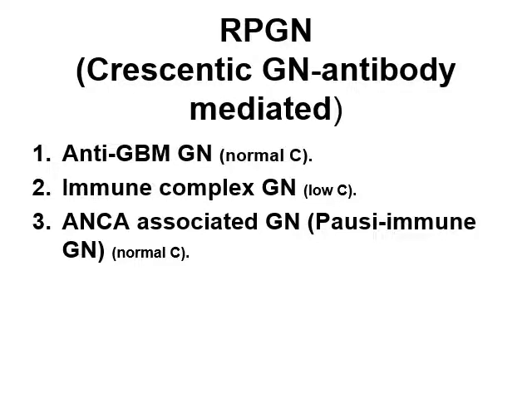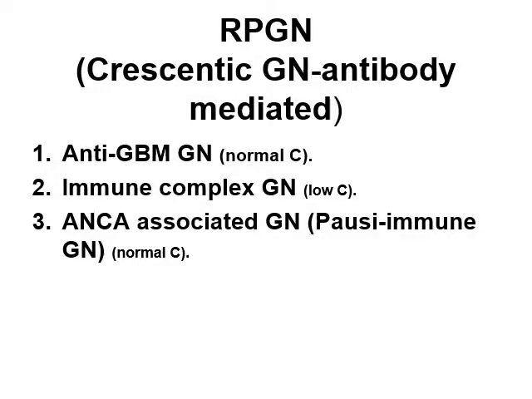The third sub-entity of this type of GN: there will be only abnormal antibodies called anti-neutrophilic cytoplasmic antibodies. And this ANCA will be deposited inside the glomeruli, just an antibody. So clearly there will be no immune complex.